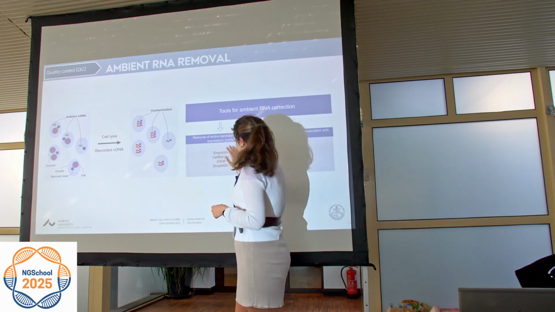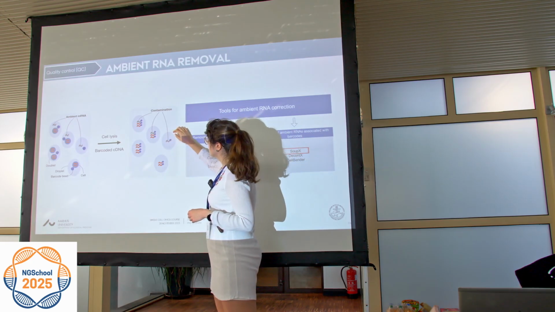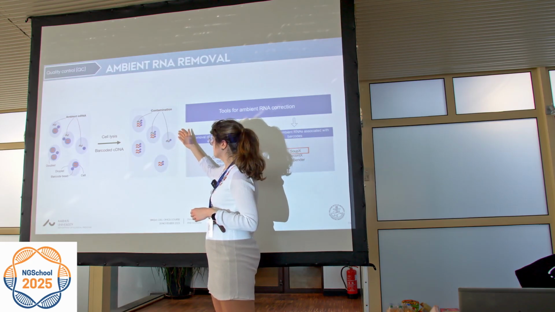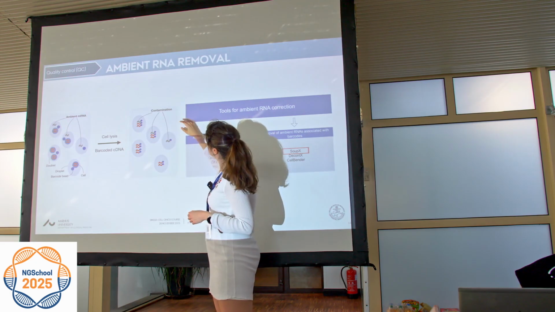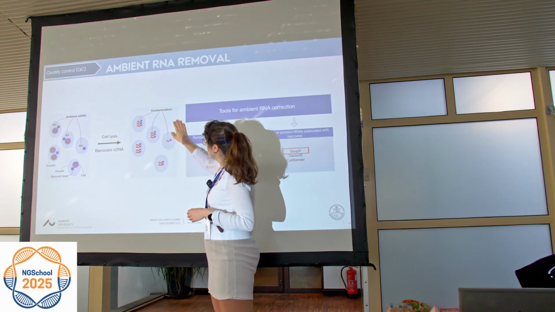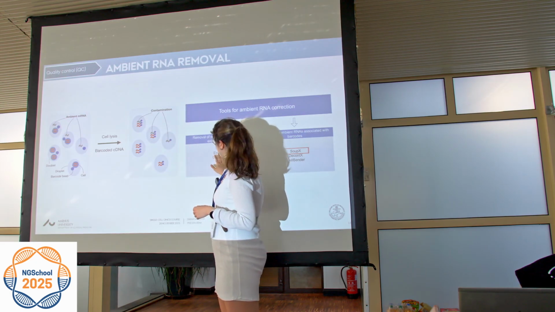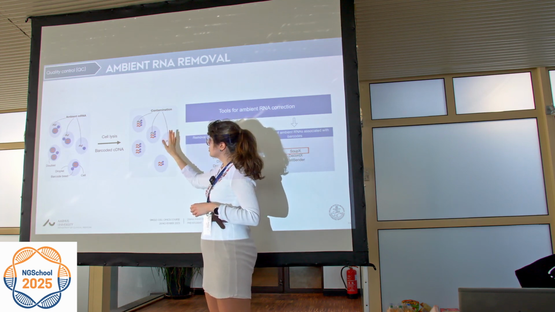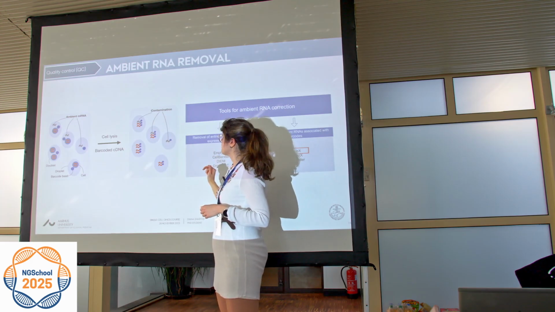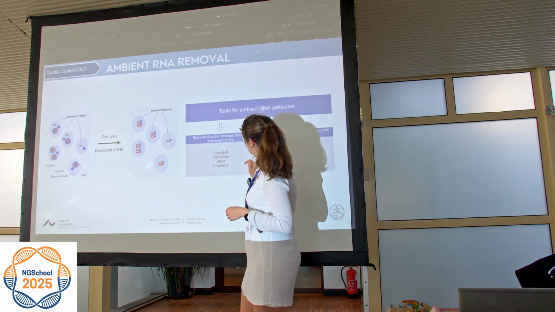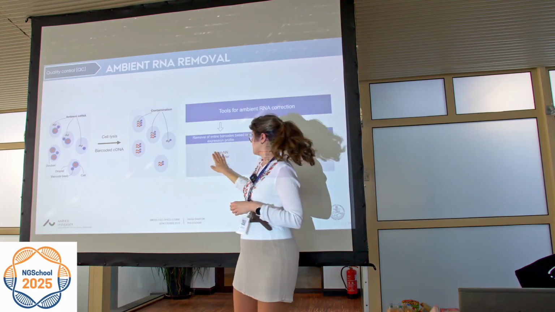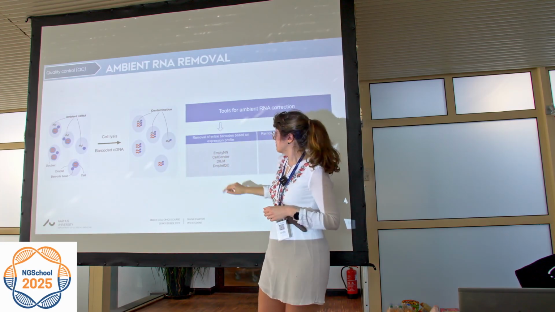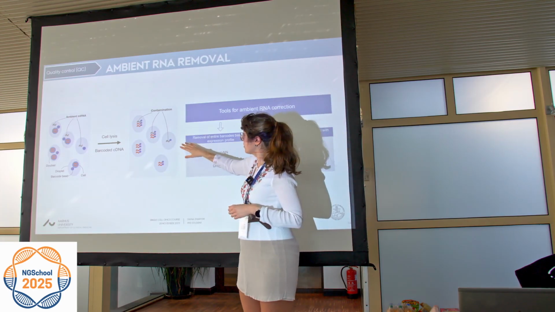And then you also try to identify cells that have a high amount of this background ambient mRNA, and remove all of them. Another approach is trying to modify the count matrices, subtracting this background. So these approaches, like CellBender, work in this way.